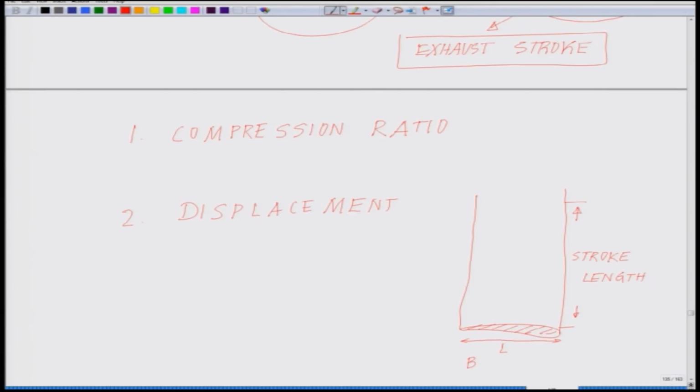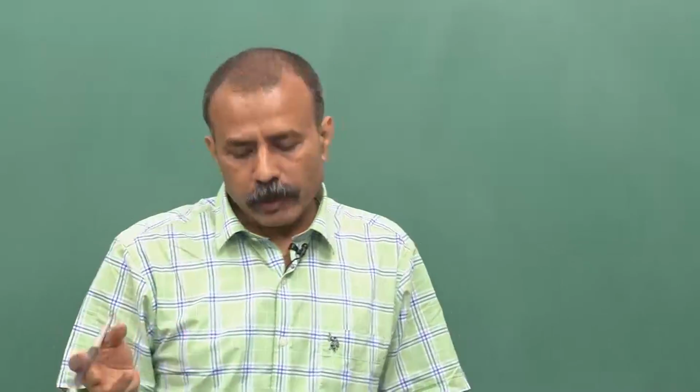Generally it is expressed in cubic centimeter. So, you multiply it with the number of cylinders you are having in any kind of vehicle, and you can calculate the displacement.